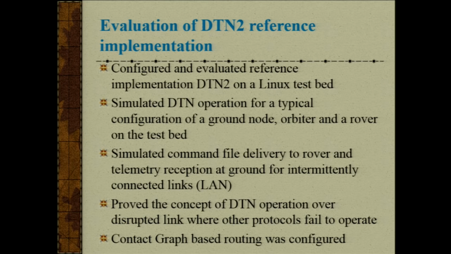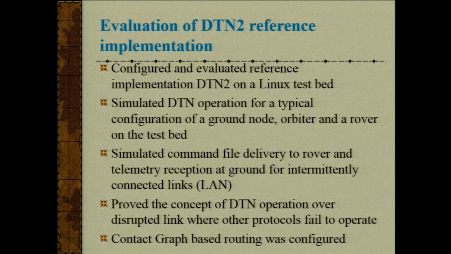To begin with our DTN development, with the DTN2 reference implementation, we have configured and evaluated a 3-node Linux network and simulated the DTN operation for a typical configuration of a ground node, orbiter and rover on this test bed. And also we have simulated a command file delivery to the rover and telemetry reception at the ground for intermittently connected links.